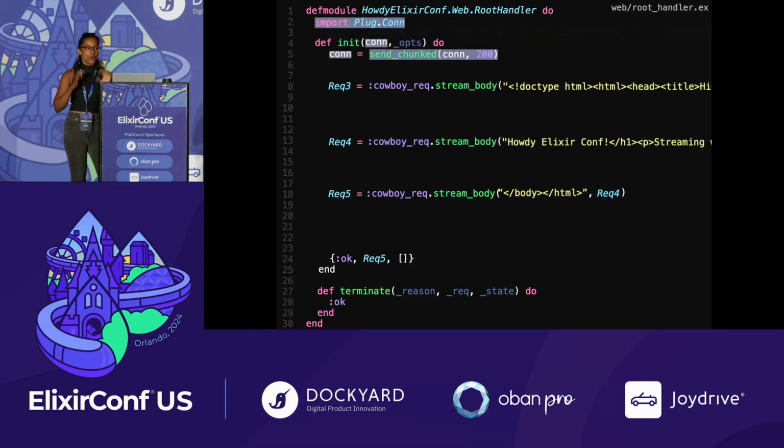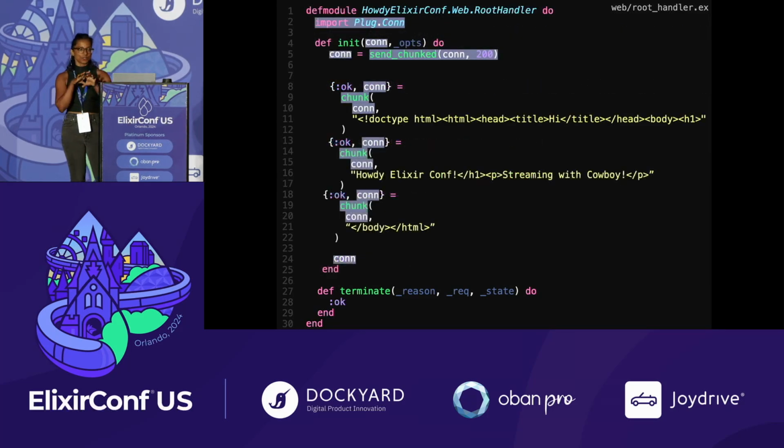If I wanted to, I could extrapolate a lot of those pieces into an abstraction layer, and this is what plugs give you access to. This is just a contrived example to illustrate the idea that when you're dealing with Cowboy, or an HTTP server directly, you don't have access to that abstraction of not dealing with things at the raw level.